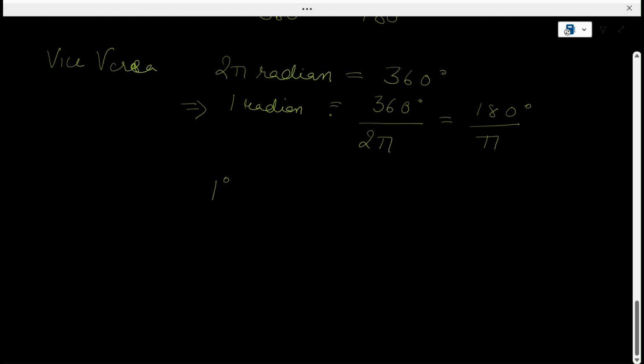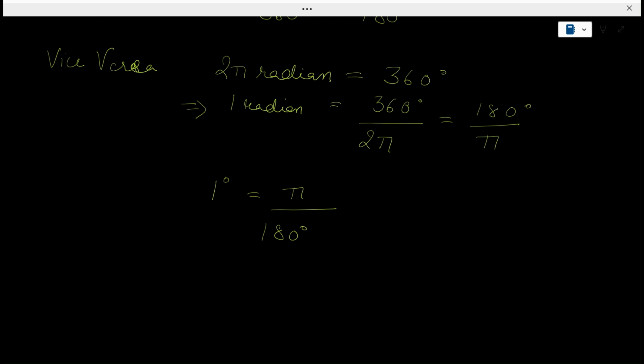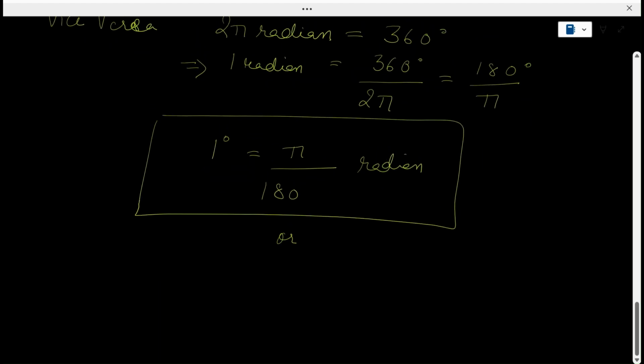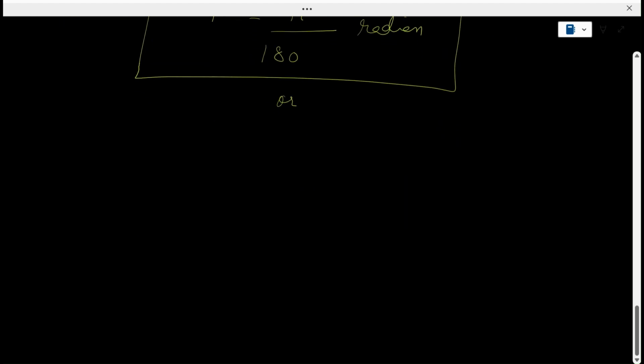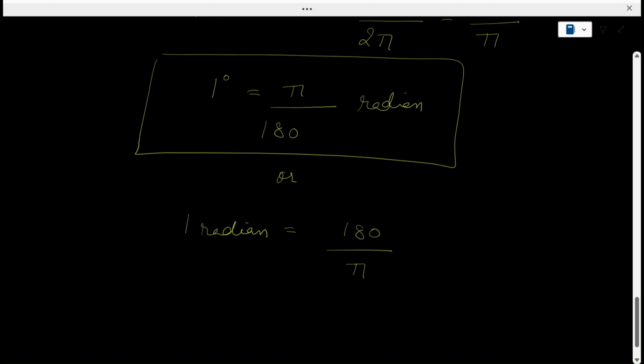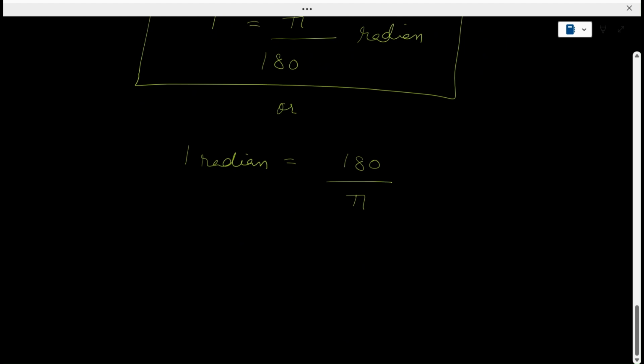That will be 1 degree is equal to pi by 180 radians, or 1 radian is equal to 180 by pi degrees.